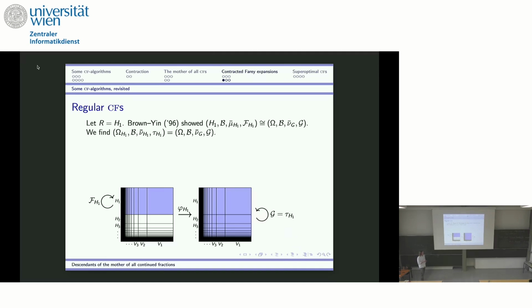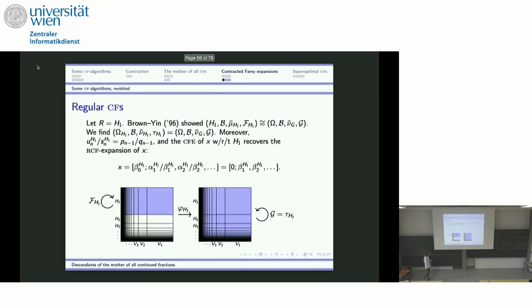We actually find that the two-sided shift space from the previous slide is precisely this representation of the natural extension of the Gauss map. So this isomorphism phi sub H1 is precisely the isomorphism of Brown and Yin, and the two-sided shift is precisely the natural extension map for the Gauss map.